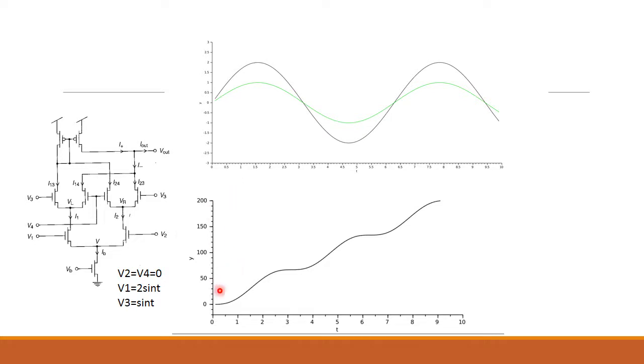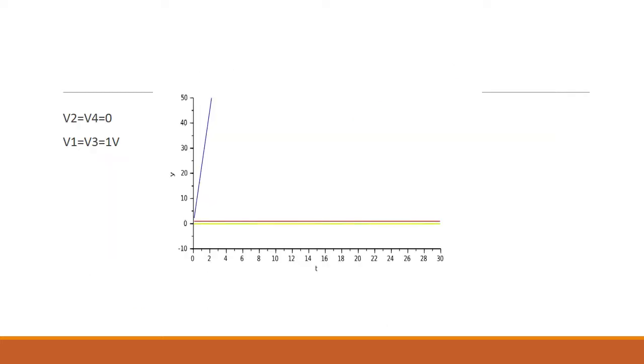This is the output that we are getting, and this seems to be consistent with what we expect, because as we discussed earlier, tanh x is approximately x for small values of x, and thus for the integration of sine squared, we expect a graph like this. So this means that the Gilbert cell is actually giving the right output.